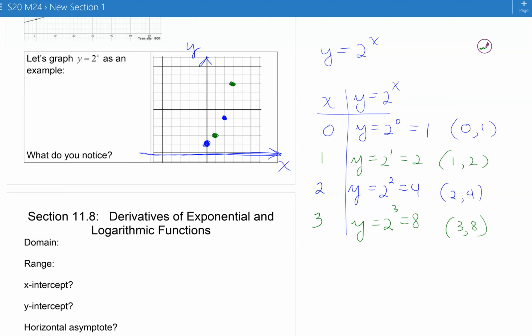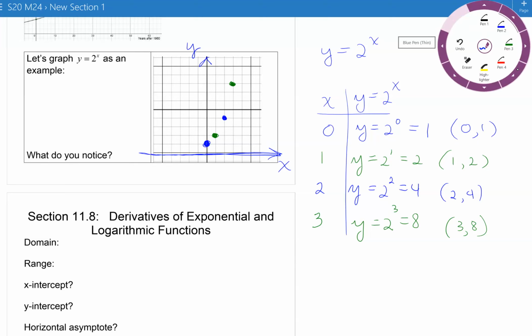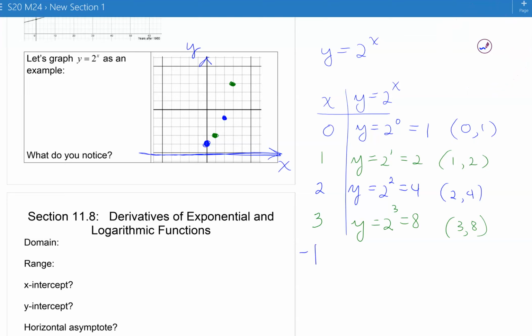And then I've run out of room because if x is 4, y would be 16, and I don't have enough space left. So then let's also put some negative numbers for x, so we can see what the graph's doing over there. So when x is negative 1, y is going to equal 2 to the negative 1, or 1/2. So negative 1, 1/2 is a point on the graph.